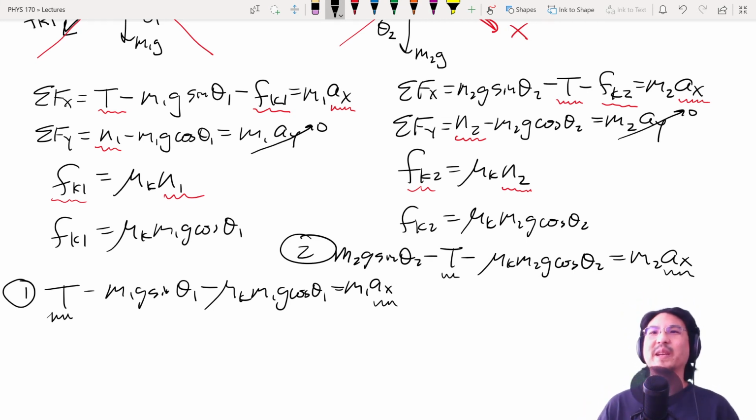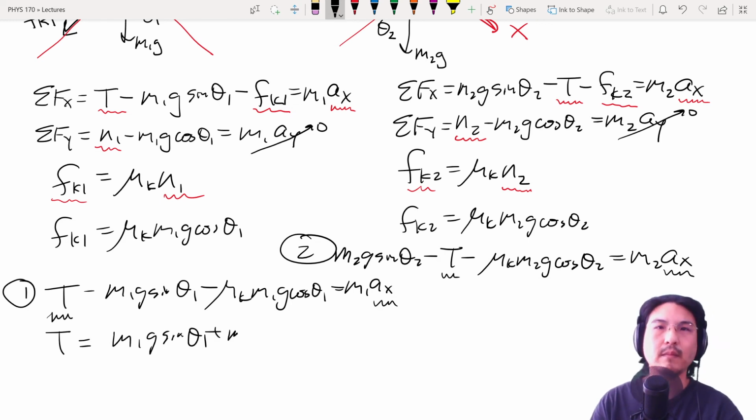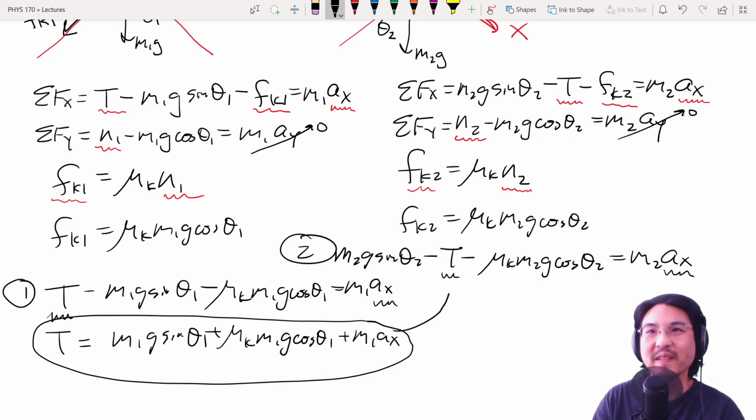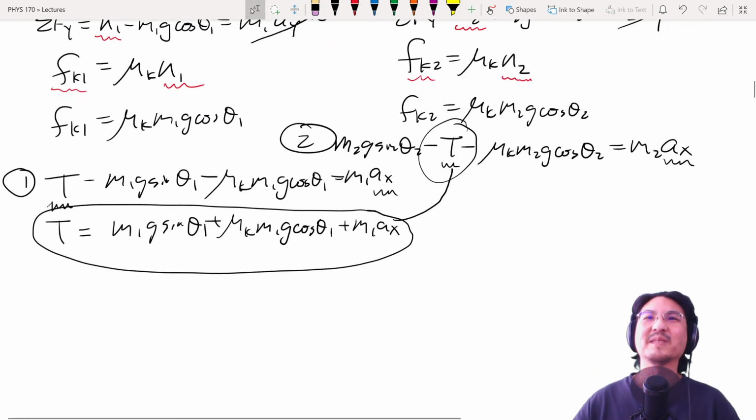So whichever way, maybe I'll solve equation 1 for t. I'll do that right now. Okay, and then I'll take this and put it right here. And then that way there's only one unknown left, which is ax.